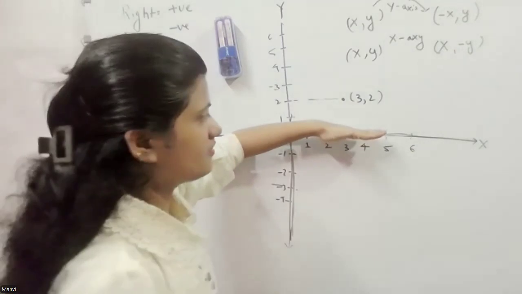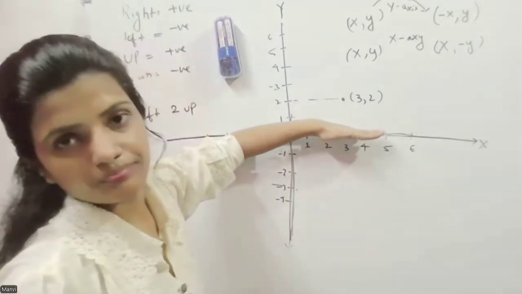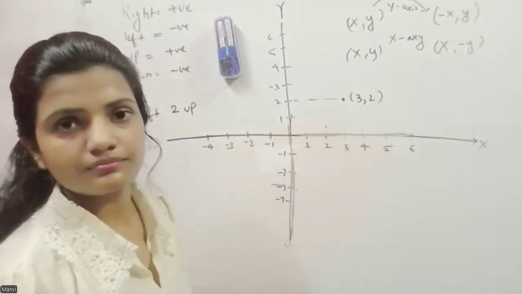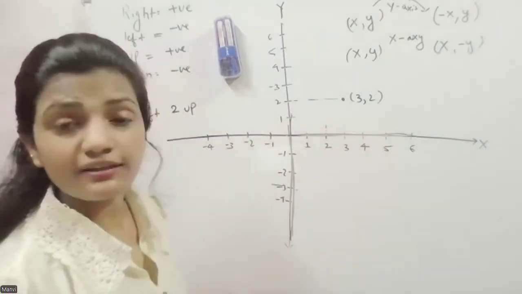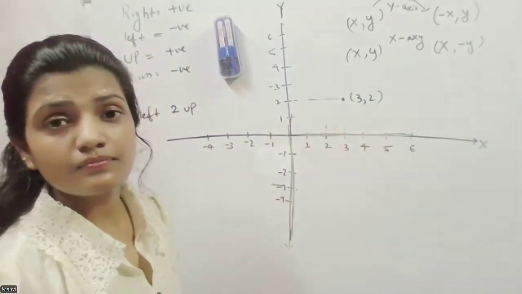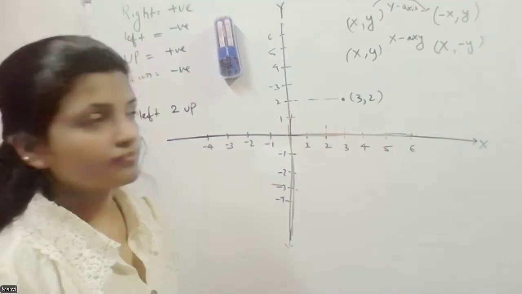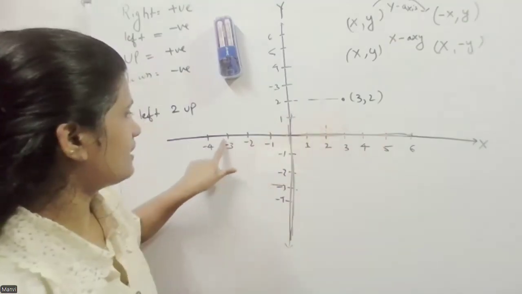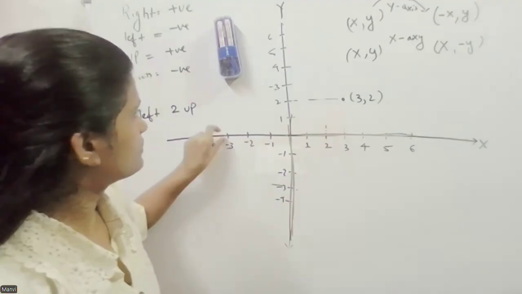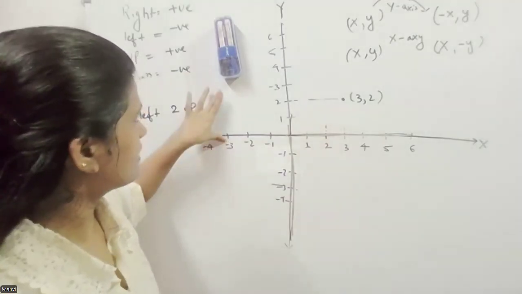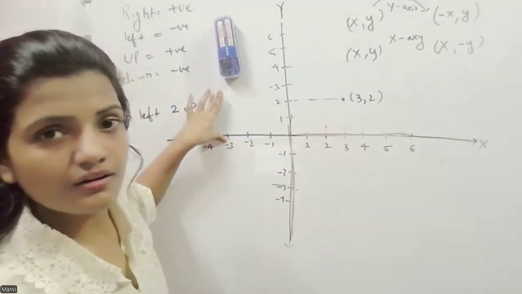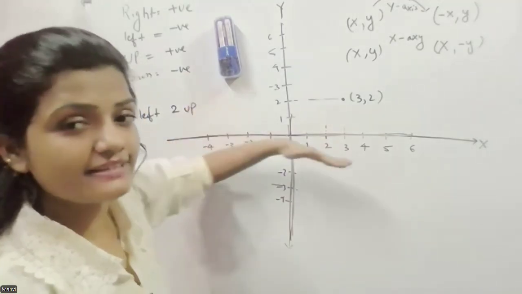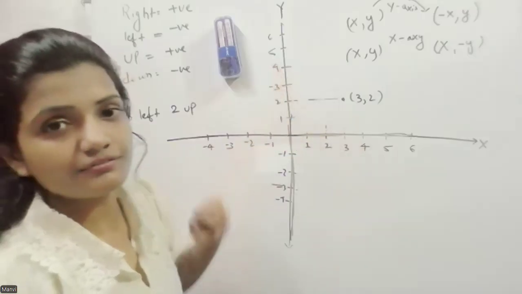Minus 3, comma 3. Minus 3 lies somewhere here, and 3 means here. Oh, we need to reflect in the x-axis, not in the y-axis, Kavya.